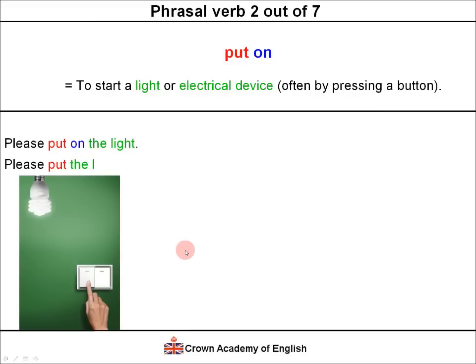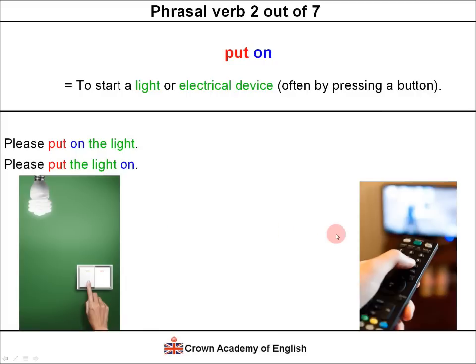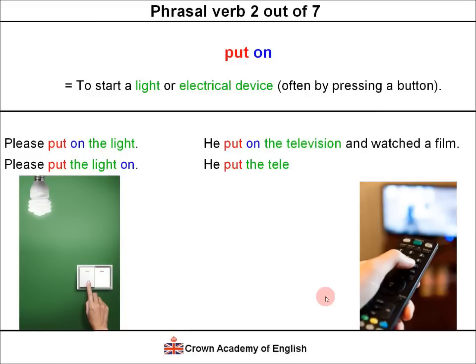And we can also use the other form, please put the light on. And here is an example with an electrical device. He put on the television and watched a film. Or we can say, he put the television on and watched a film.